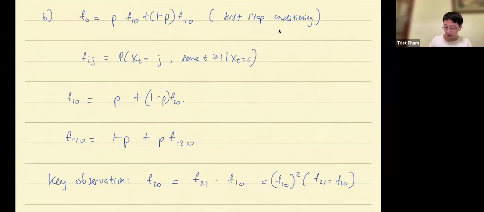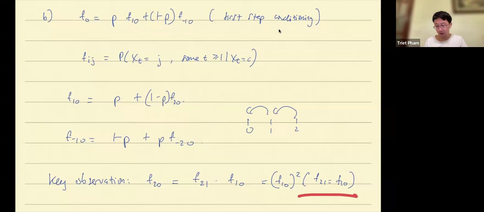The reason is that the random walk is homogeneous. The probability of ever going to 1 starting at 2 is exactly the same, just by a translation, as the probability of ever returning to 0 starting at 1, because the random walk looks exactly the same, just one step left. Okay, so far.